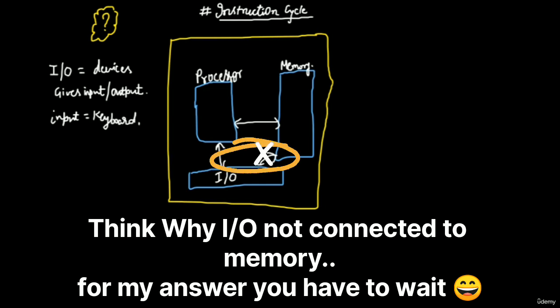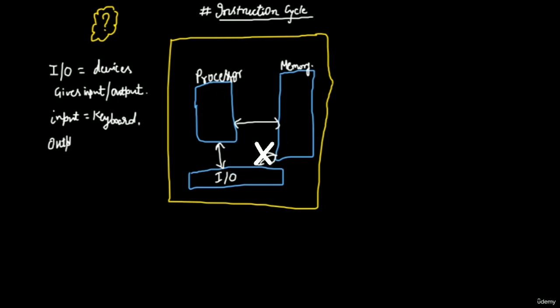And what is our output device? Our output device is the monitor. Well, we can take other things too, but I don't want to confuse you. This is a very basic thing: what is an input device, what is an output device. Like a printer is an output device.